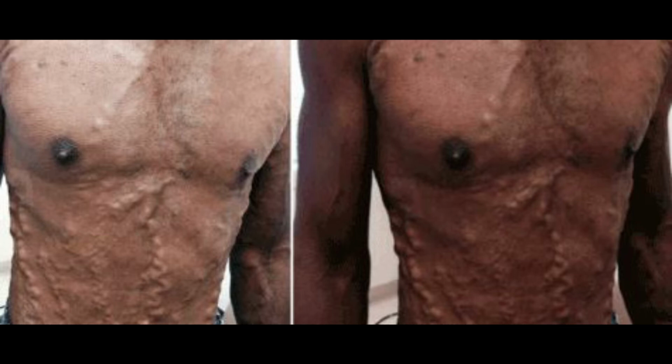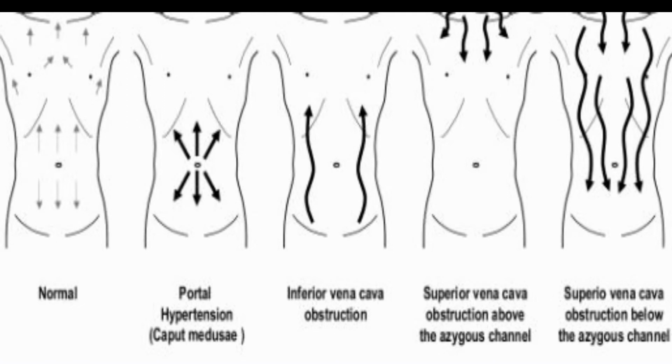That means there may be superior or inferior vena cava obstruction, or conditions like portal hypertension or aneurysm of aorta, or any growth which may compress the major blood vessels. In such conditions, you can see some abnormal vessels or veins in the chest of your patient.